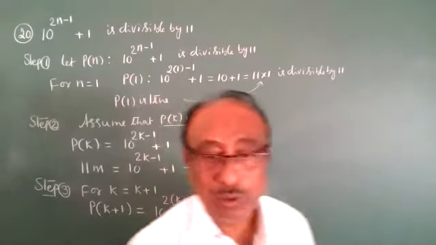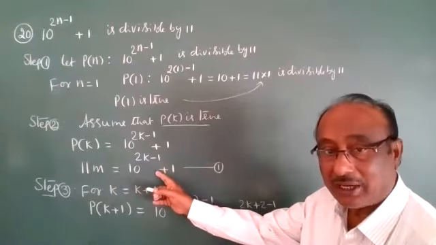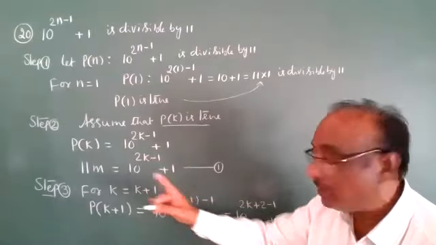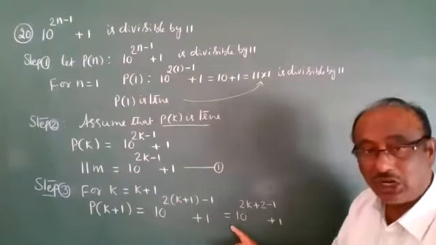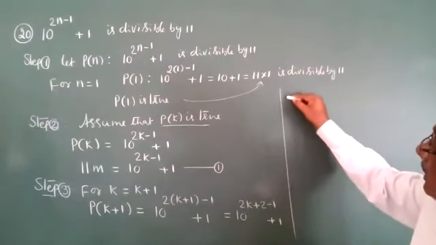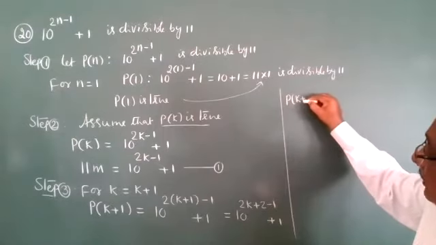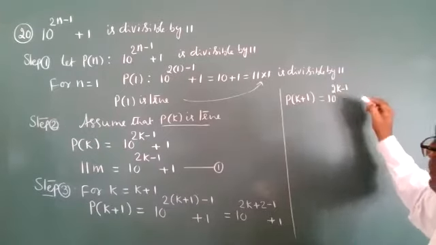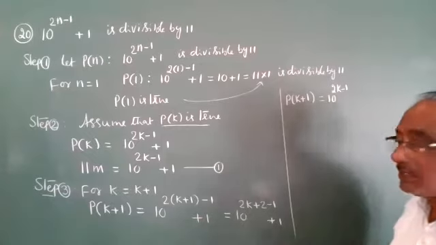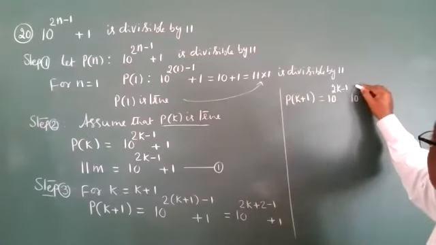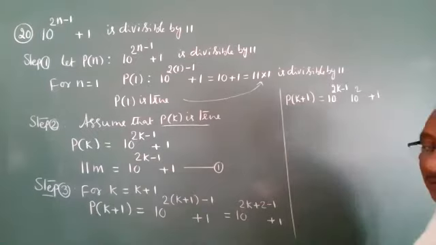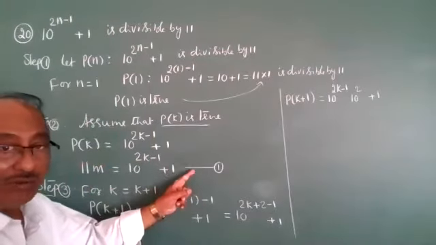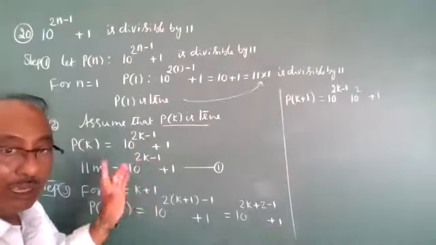Don't simplify immediately. In equation 1 we have the value of 10 to the power of 2k minus 1, plus 1, that is 11m. So P of k plus 1 is equal to 10 to the power of 2k minus 1 plus 2. I will separate it as 10 squared, plus 1. Now 2k minus 1: from equation 1 we have 10 to the power of 2k minus 1.